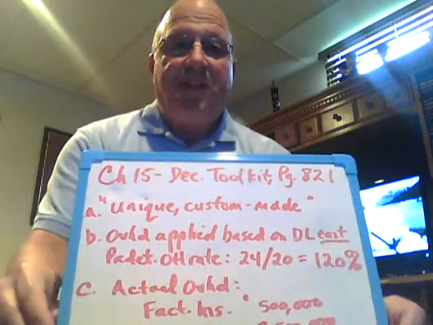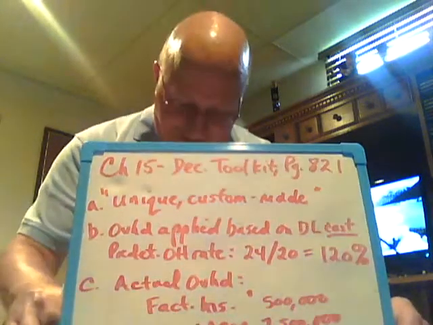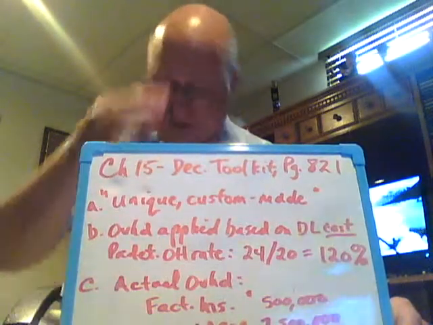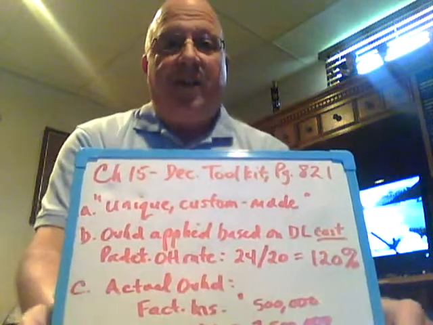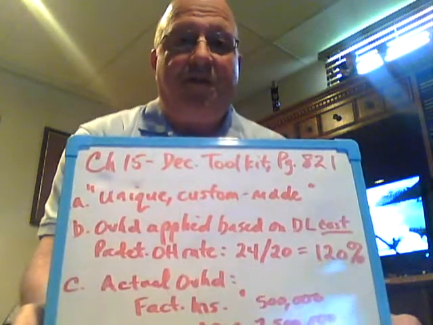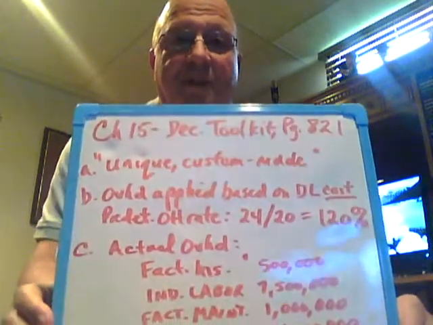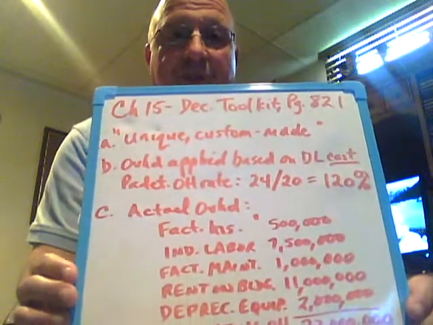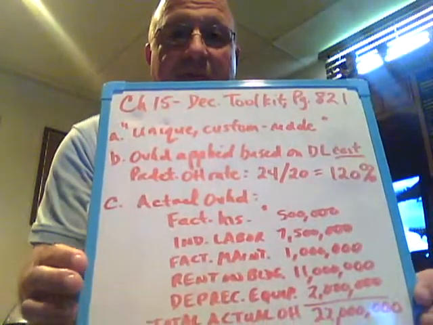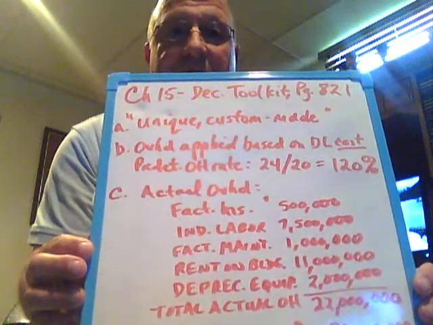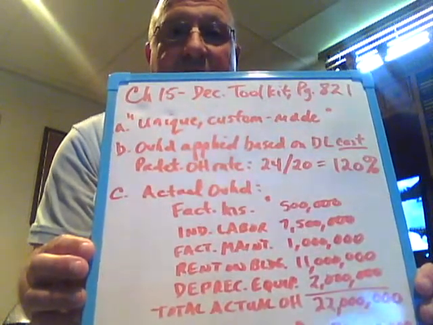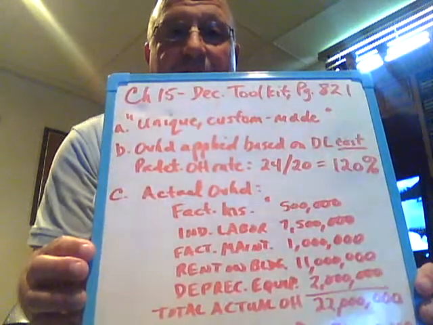Now, part C is asking for the amount of over or under applied overhead for the year. And so for this, obviously you first need to figure out, well, what are the actual overhead costs? And giving you these various items, factory insurance, indirect labor, factory maintenance, rent on the building, and depreciation of equipment.